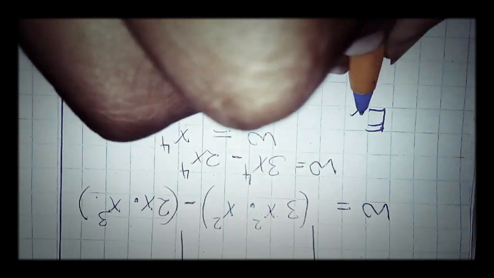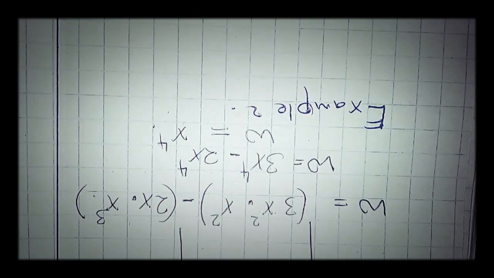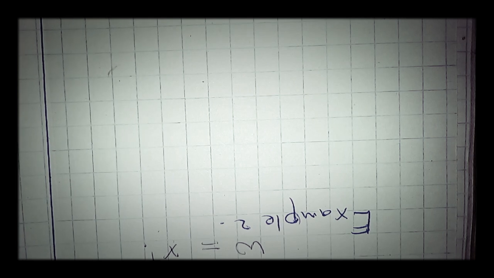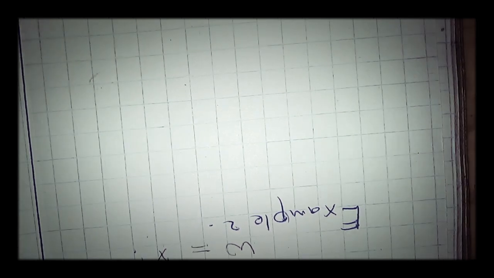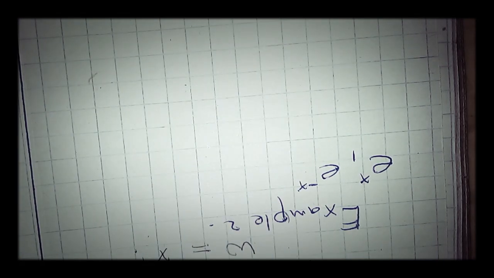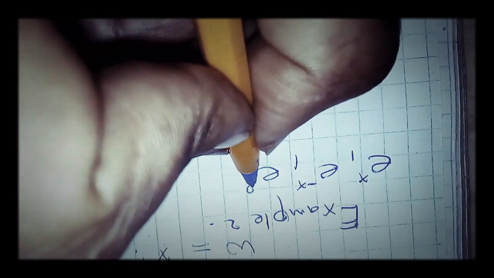Example 2. In our example 2, we find the Wronskian of e to the power x, e to the power negative x, and e to the power 2x.